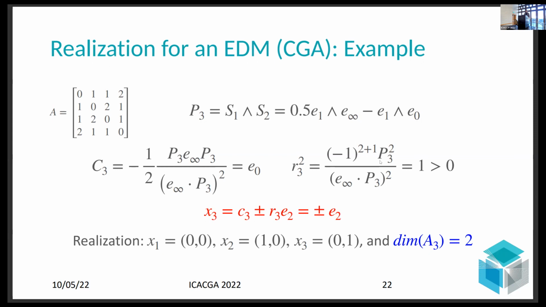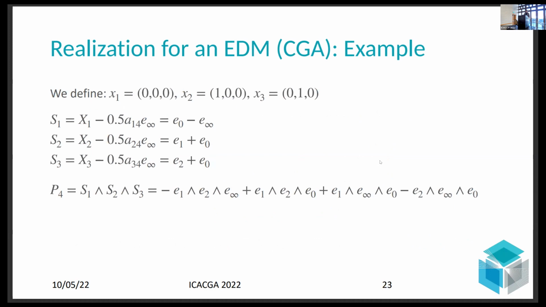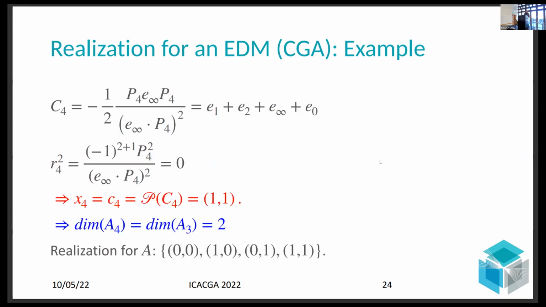Then we do the same. We add a no coordinate for each of these three vectors, and we perform a three spheres intersection using the outer product. Again, we compute the center, we compute the square radius. In this case, the square radius is 0. So the third coordinate of X4 will be 0.